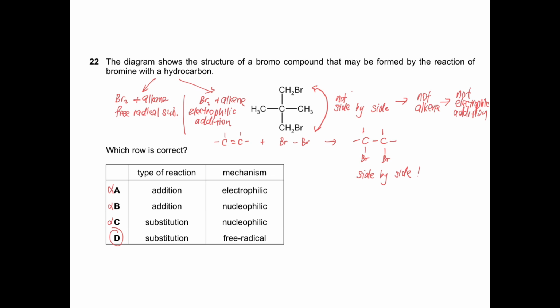So one will come here and another one goes to that position. Free radical substitution is hence the answer, because it happens randomly. The free radical Br dot will randomly attack any carbon. So that's why.